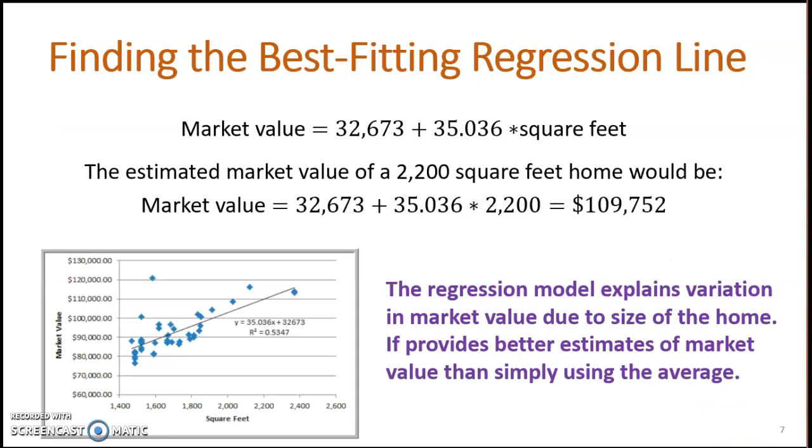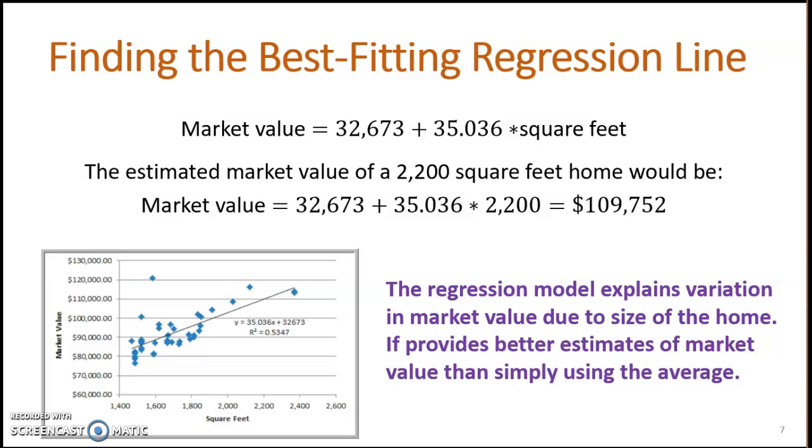If we look back at the example of the house, we can see that we have an equation: market value equals 32,673 plus 35.036 multiplied by the square feet. Let's say we have a home of 2,200 square feet and we want to find out the estimated market value.